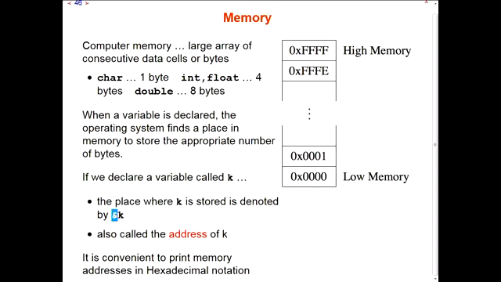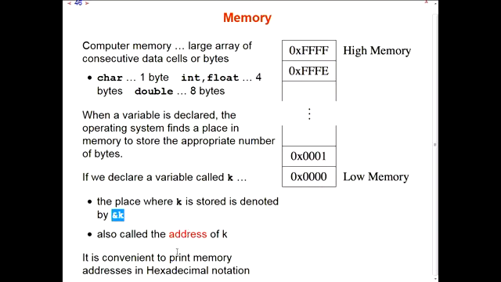So you can take your variable k, which has been defined as, let's say, double k, then the starting address for these 8 bytes would be accessible by that syntax ampersand k. And this is also known as the address of that variable k.